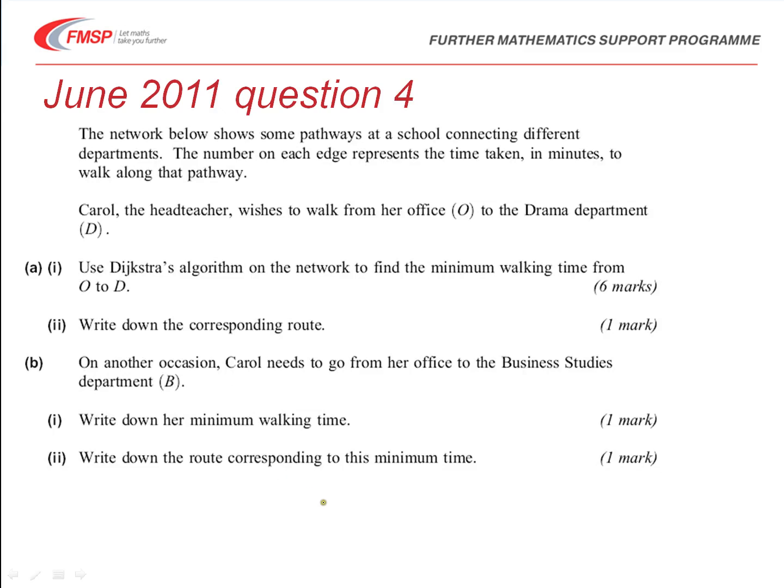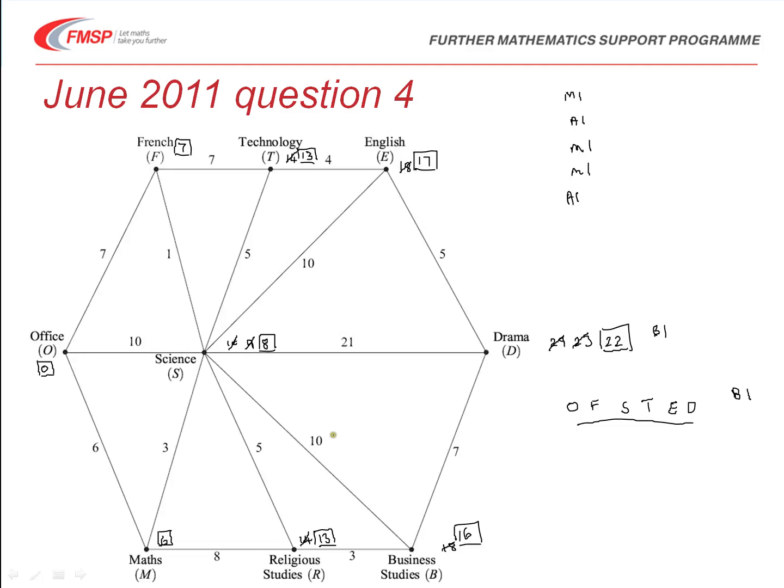Then it says on another occasion, Carol needs to go from her office to the Business Studies department. Write down her minimum walking time. If we go back to the diagram, the key thing is that each of these boxed values is the shortest time to get from the office to that place.